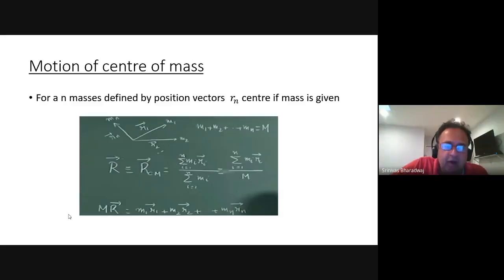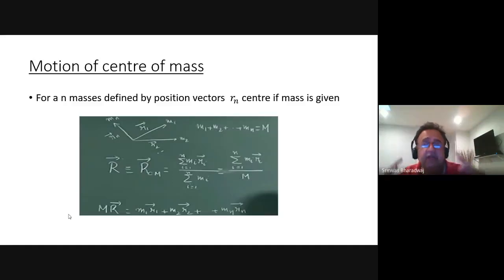So now you take the derivative. dR by dt will give you sigma m_i dr_i by dt, right? What are these dr_i by dt's? That's merely the velocity. What is the left hand side? That is the velocity of the center of mass. dR_cm by dt is the velocity of the center of mass. The small dr_i by dt is the velocity of the individual bodies.